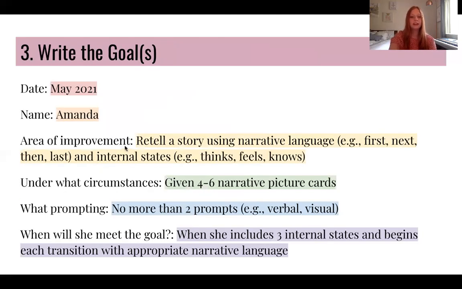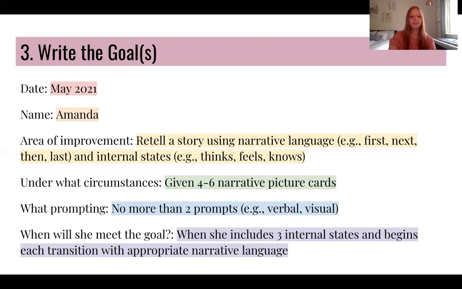So for this one, I copy pasted it right here. Retell a story using narrative language. Example, this is the correct way to write it, by the way: first, next, then, last. And internal states, example: thinks, feels, knows. The reason why I wrote down thinks, feels, knows is because those are appropriate words that a child can use in order to identify internal states.